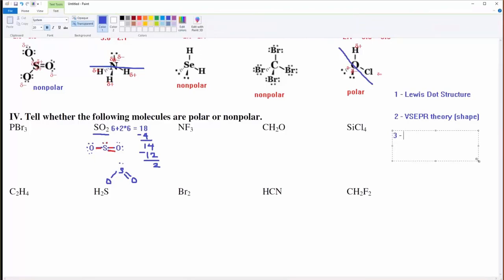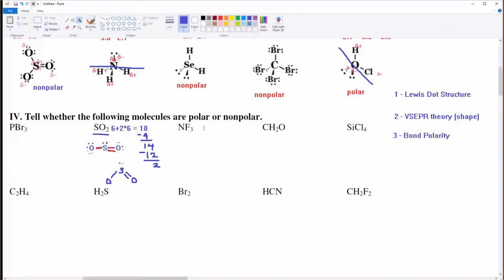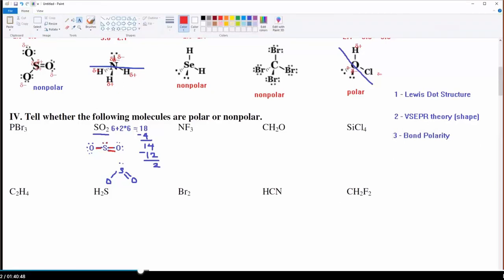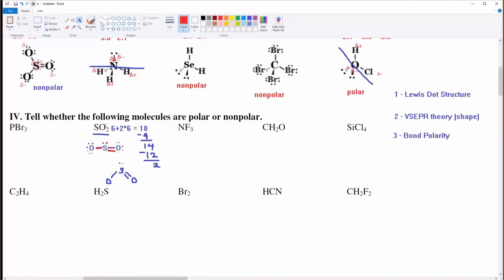Yeah, use the electronegativity of each atom to determine individual bond polarity, right? So the electronegativity value for sulfur is what? 2.5. Good, good. And then oxygen is what? 3.5.